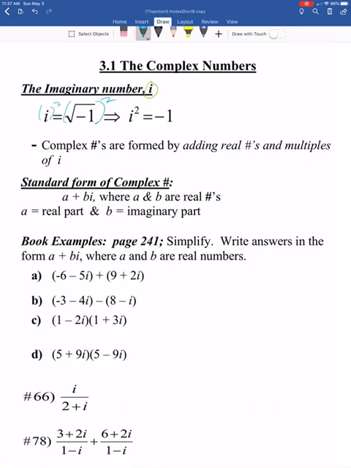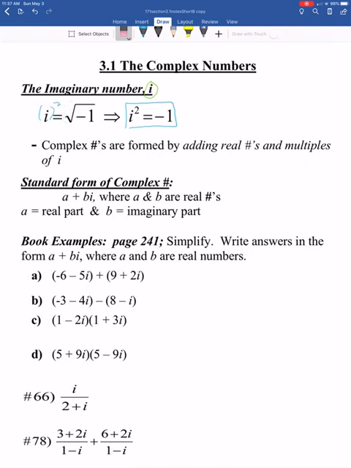And that's probably the most important thing that we want to be able to remember from this section to help us in simplifying complex numbers. So we're going to talk about i squared as we work through this section. If we square i, we get a real number back. We get the integer value of -1.